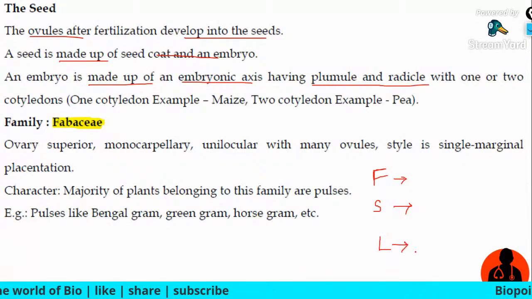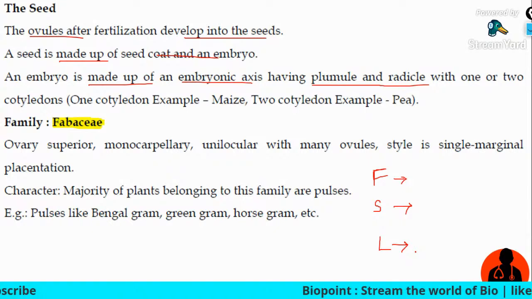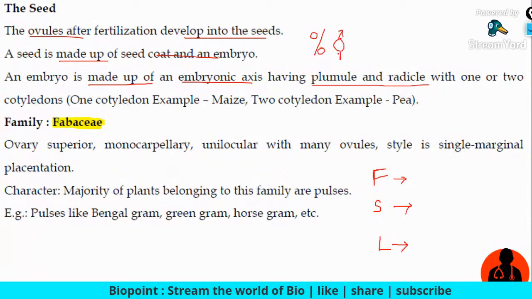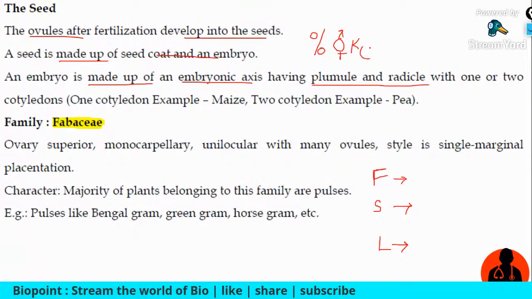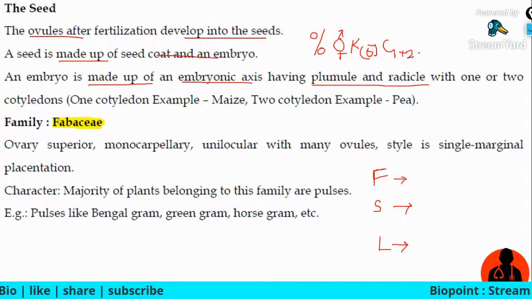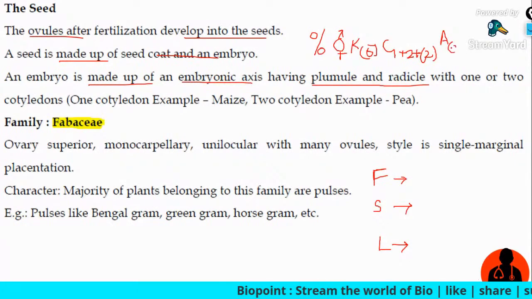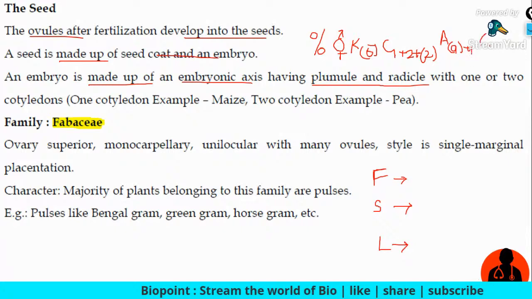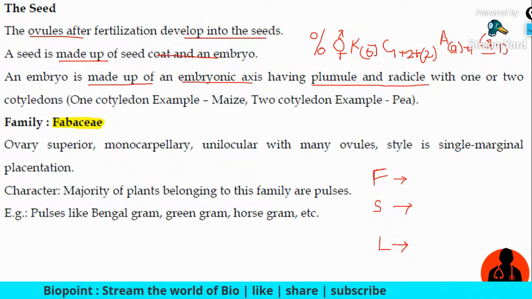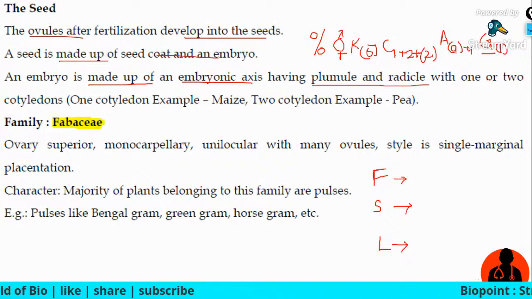If they are giving you a floral formula, or a structure like this, and ask you which family the floral formula is of, you can easily identify.